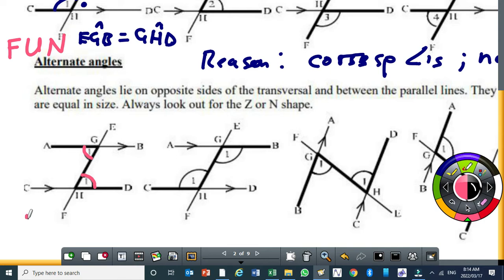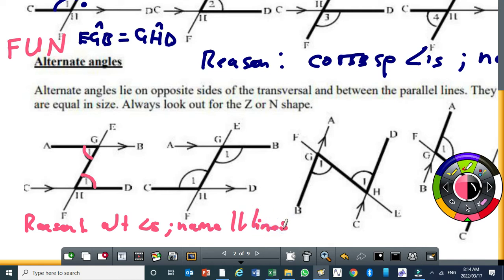So when you write the reason for alternate angles, you just write alt, and you put that angle, then you name the lines that are parallel. Always. You have to name the lines that are parallel. So this is how you write the reason.